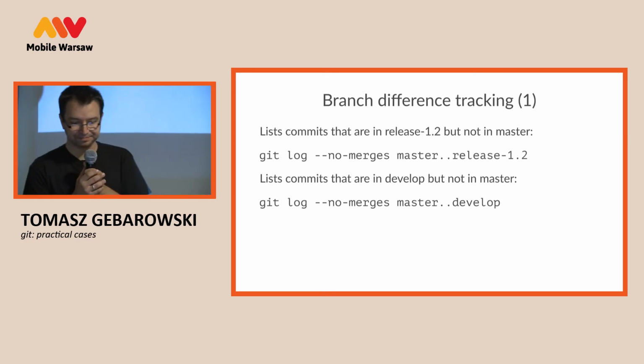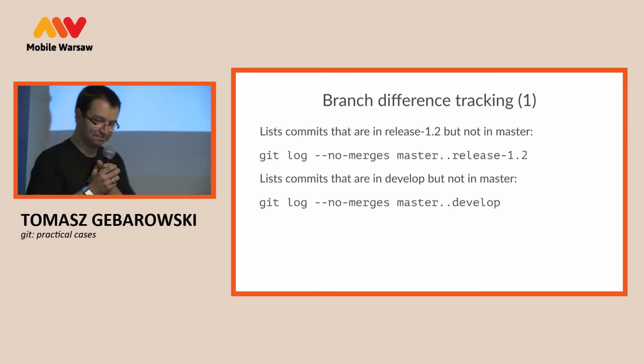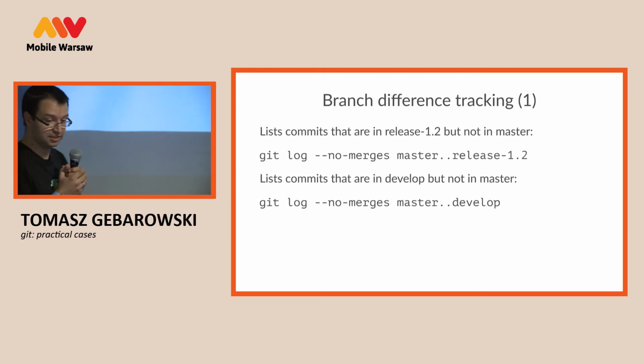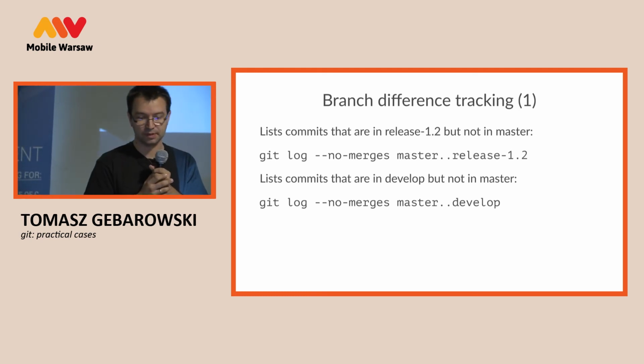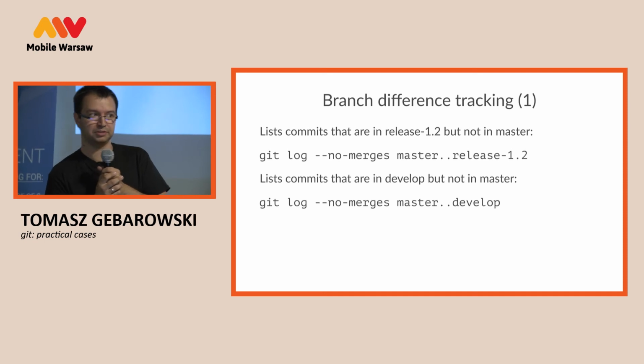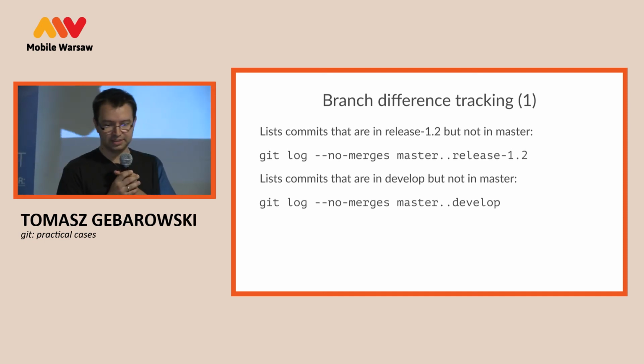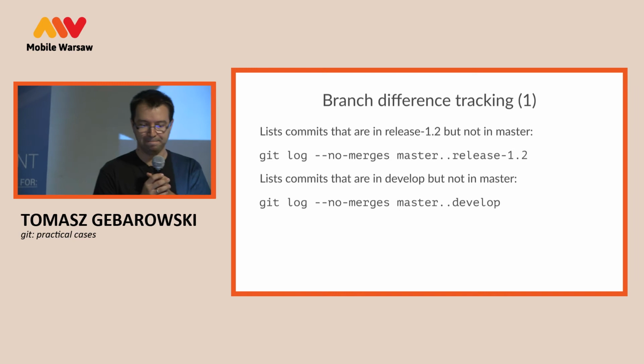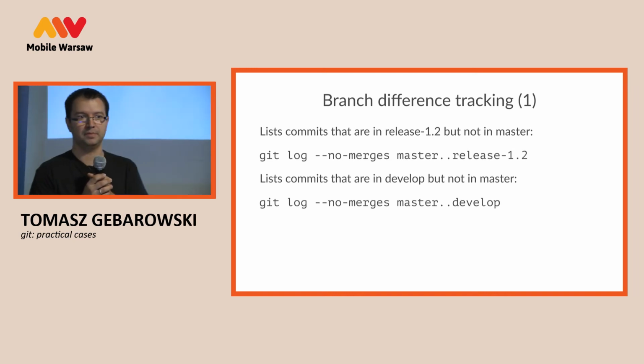And then let's move on to another topic, that is comparing the differences between the branches. We assume that in case of Git flow, we have master, develop, release branches.